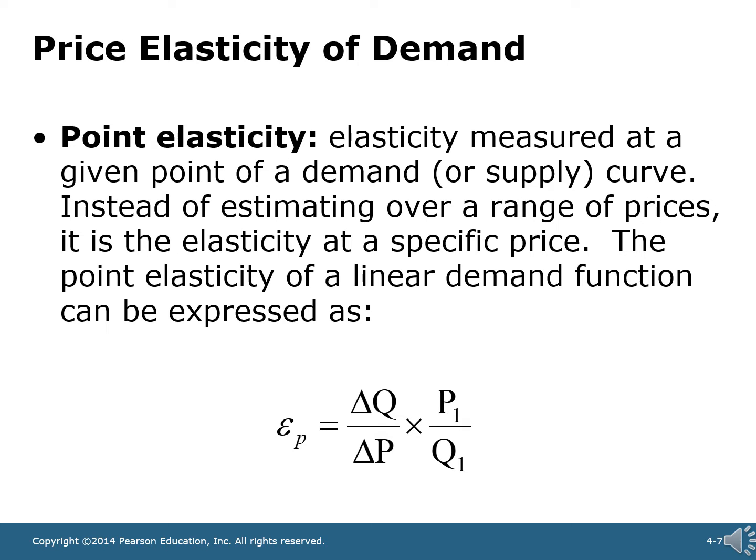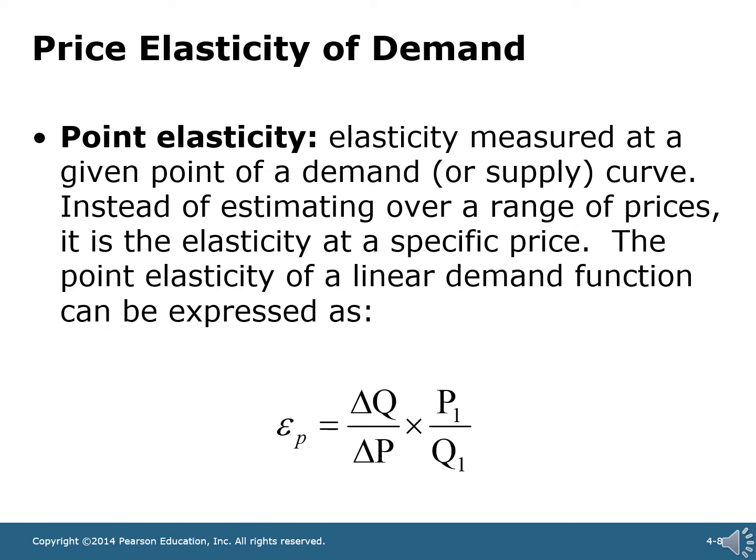I don't want to waste your time going through all the math, but conceptually, when we're using this expanded formula, the points that you choose, whether the price or the quantity, and what that changes, you end up with a different price elasticity of demand because the price elasticity of demand changes throughout the curve.